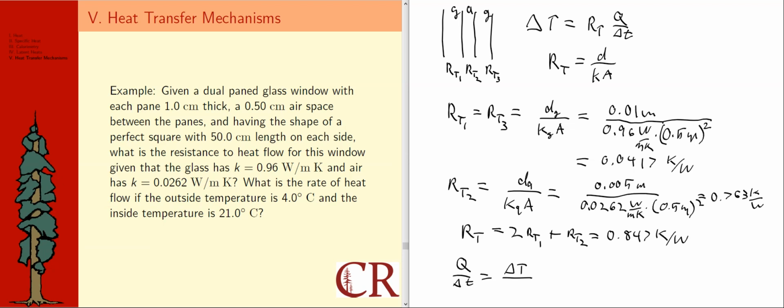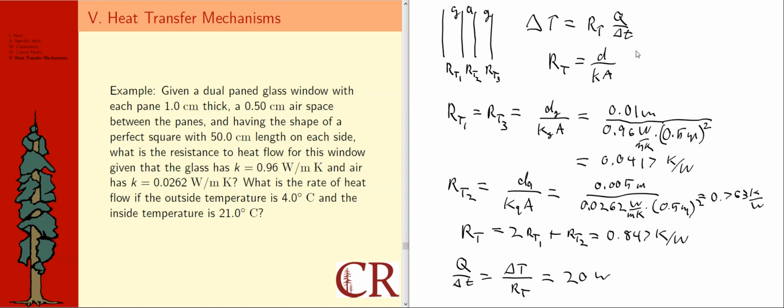We're just taking the temperature difference, divided by this overall resistance to heat flow. And when you put that in the calculator, that was like 17 divided by this number, and my calculator rounds off to about 20 watts, which is actually like 20.07, etc. But 20 watts is probably good enough for this question.